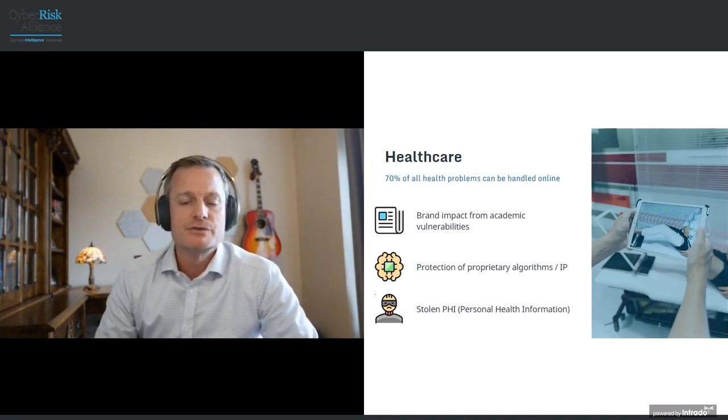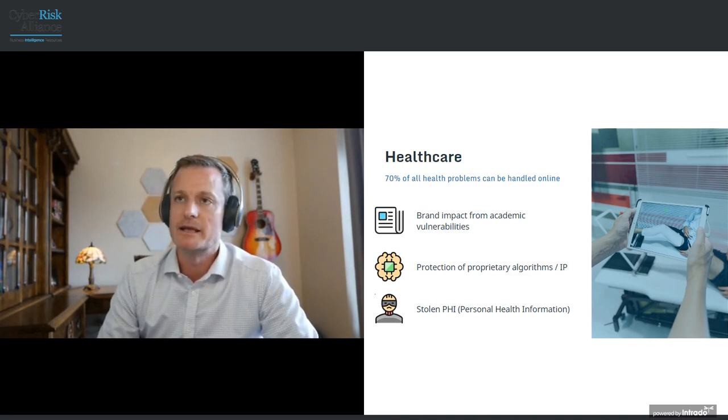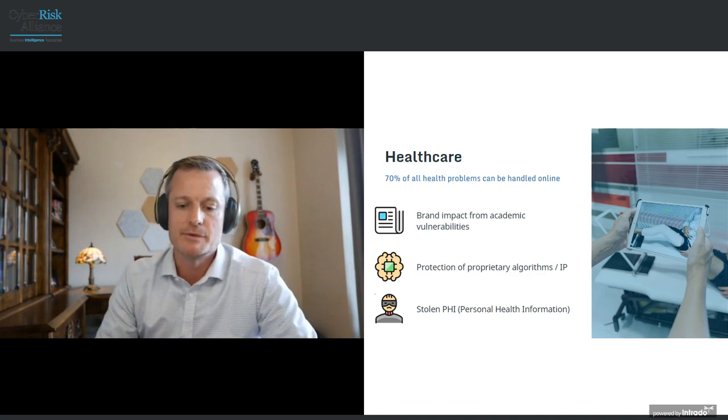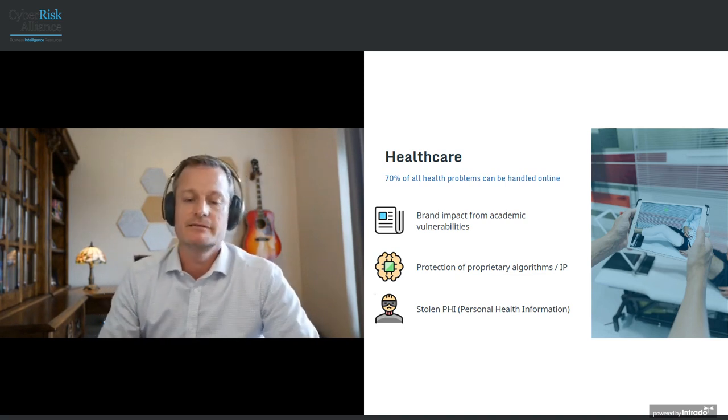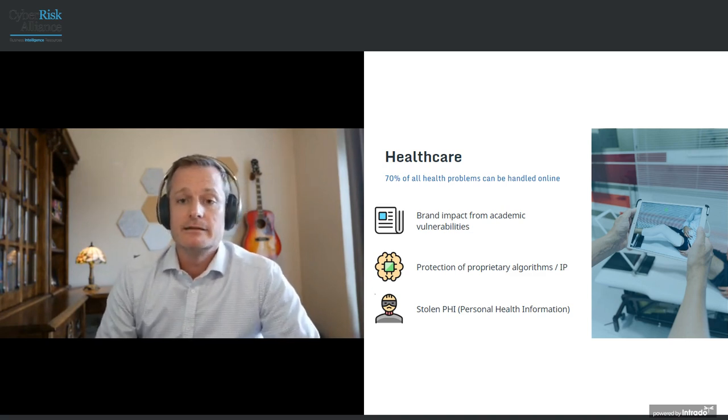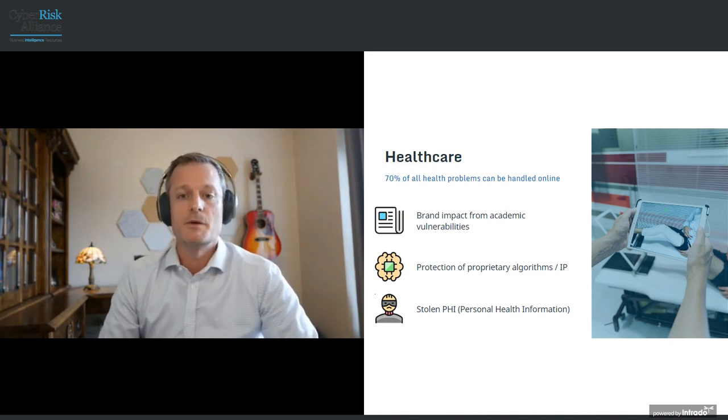So then we move on to healthcare, and this one's interesting for me. I spent time at a previous company working with a lot of medical device companies on the design and implementation of their medical devices. And nowadays, a lot of those medical devices have a companion mobile component to them.